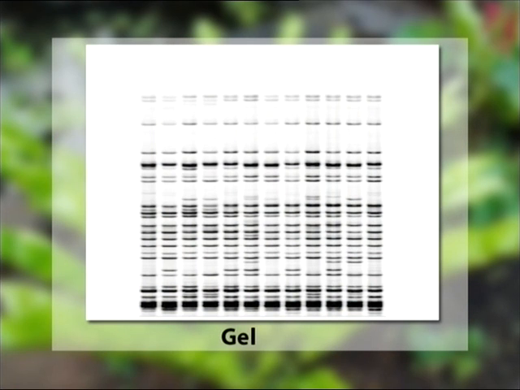The AFLP products are detected by labeling one of the two primers, and the labeled DNA fragments are separated by electrophoresis in denaturing polyacrylamide gels, similar to sequencing gels. Typically, 50 to 100 amplification products are detected in a single lane. Polymorphic bands can be identified by comparing the amplification products derived from two lines.